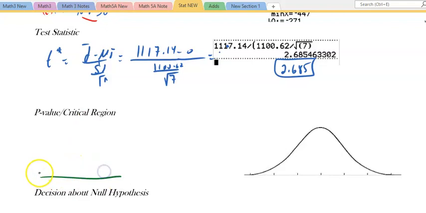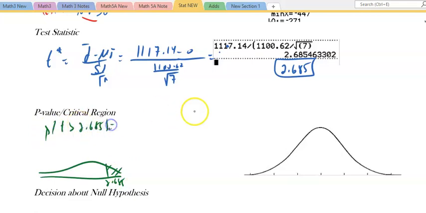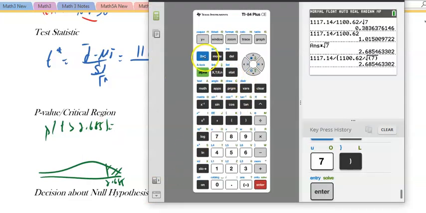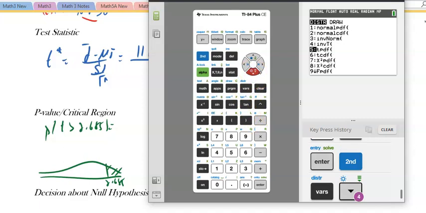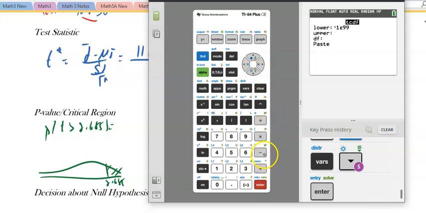The p-value: what's the probability that t is greater than 2.685? I'll get my calculator and go to distribution. This is tcdf, and I want 2.685 as the lower bound. The upper is 1 E 99, with degrees of freedom being 7 minus 1, which is 6.